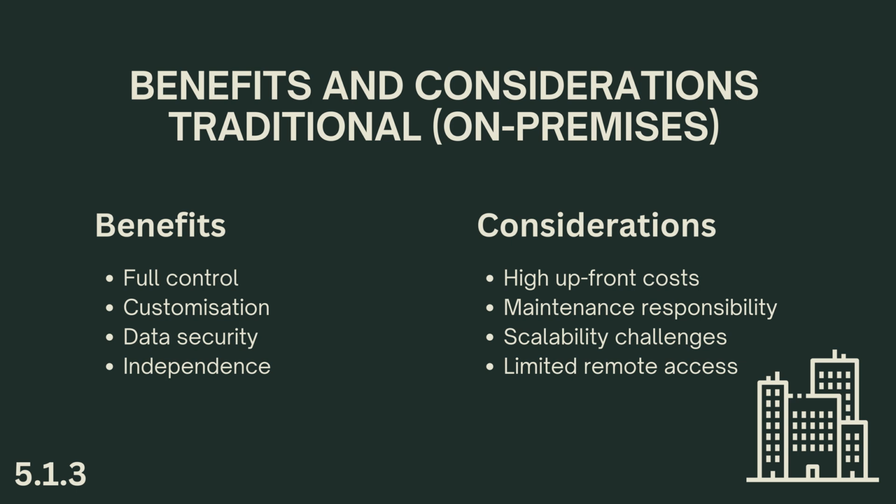Lastly, traditional systems can pose challenges when it comes to remote access. In today's increasingly mobile and distributed work environment, the ability to access systems from outside the office is crucial. However, enabling secure remote access to traditional on-premises systems often requires complex setups involving virtual private networks, VPNs, and other security measures.